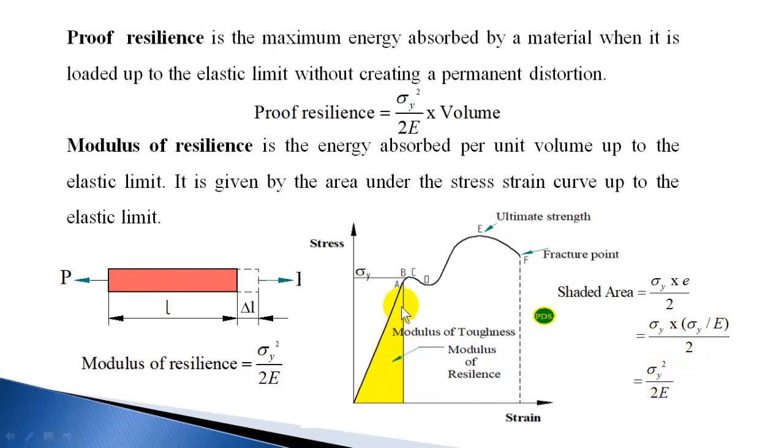So that is the area of this triangle, sigma y square by 2E, which is also the modulus of resilience. So the modulus of resilience is represented by the area of the stress strain curve up to the elastic limit or yield point.